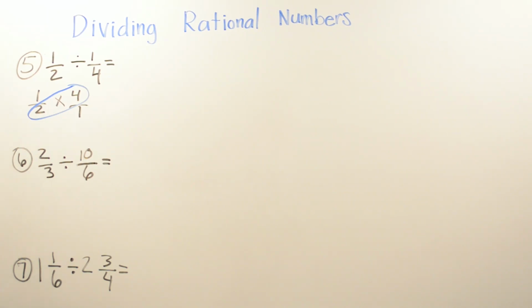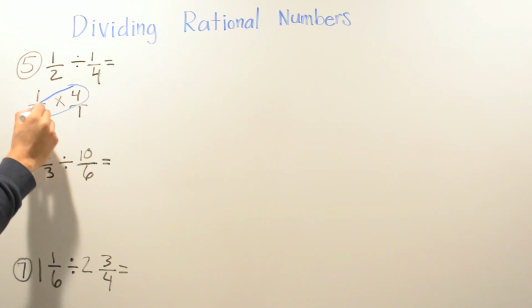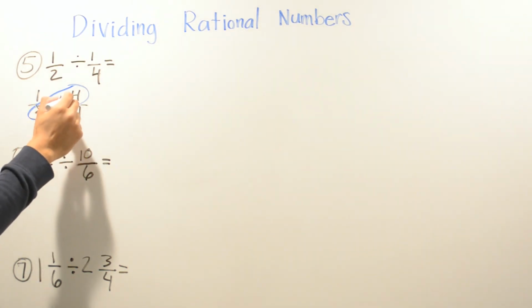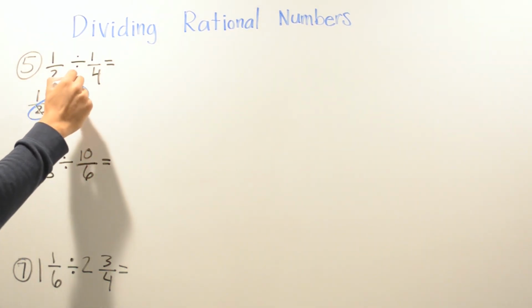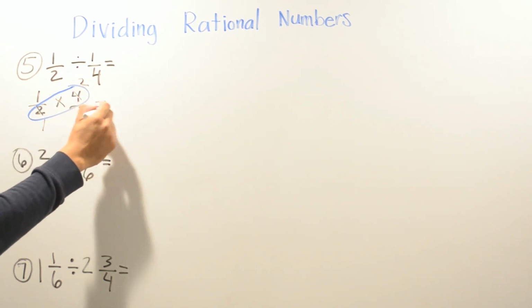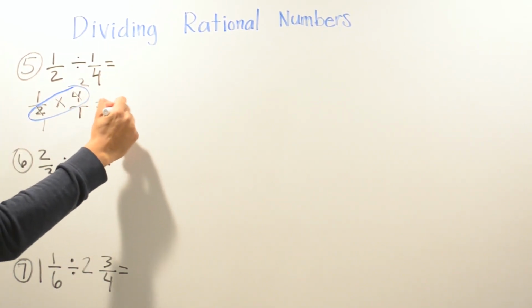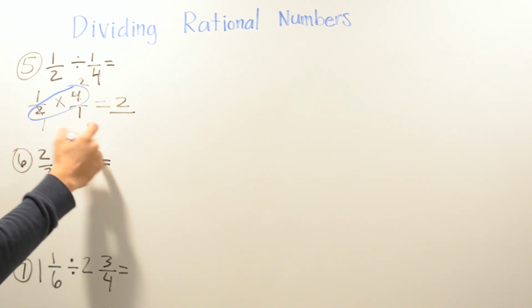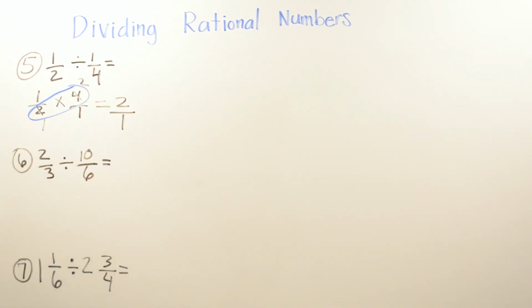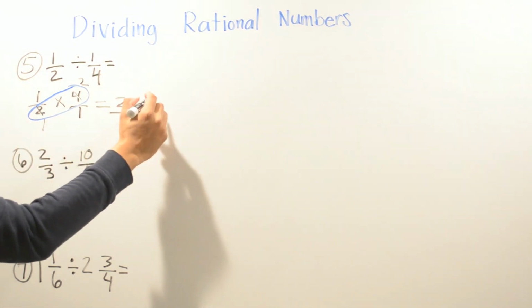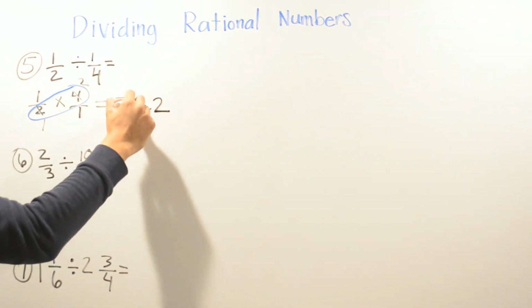And we have 2. So 2 goes into 2 one time, and 2 goes into 4 2 times. So we multiply. 1 times 2 is 2 over 1 times 1 is 1.